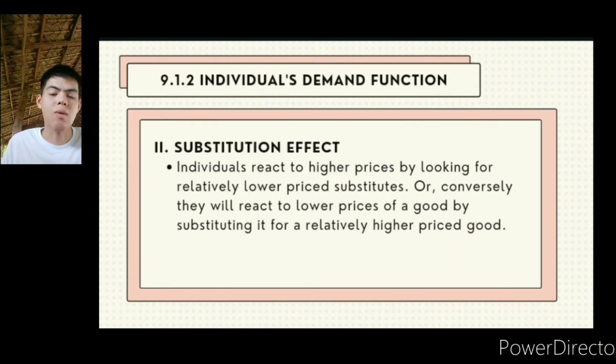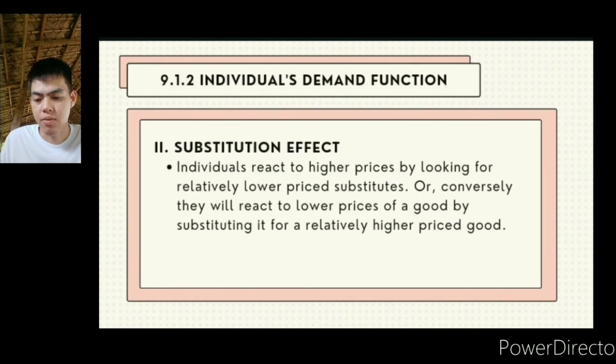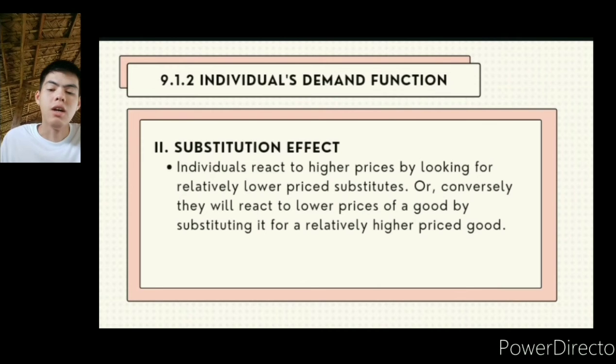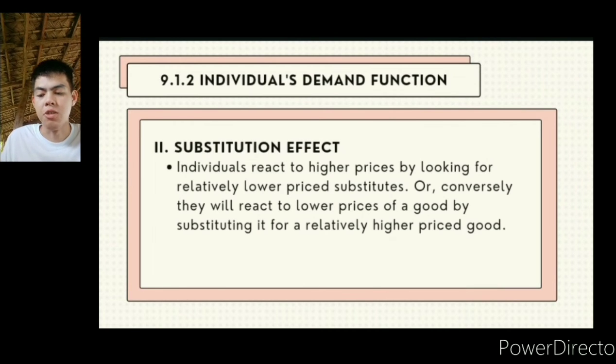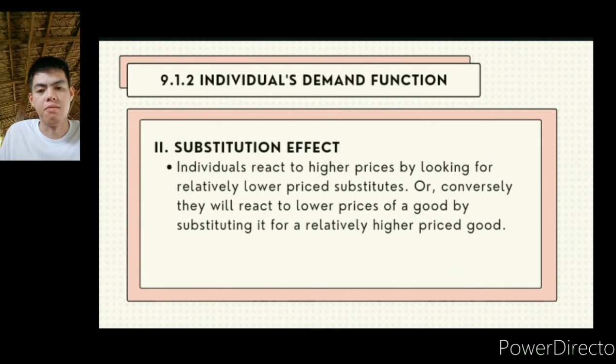At ito na nga yung tinatawag nating substitution effect. In short, those two effects may be greater or smaller depending on the goods being considered.